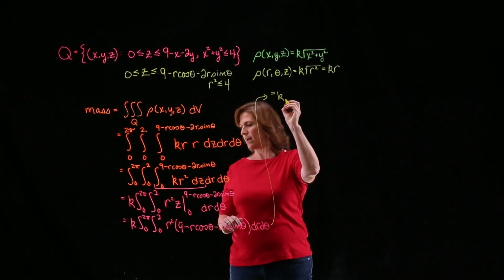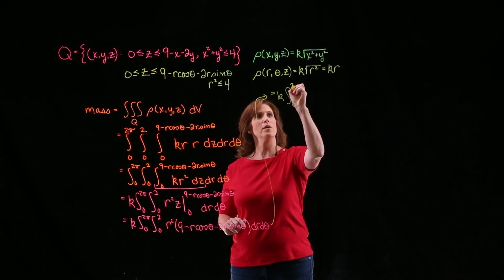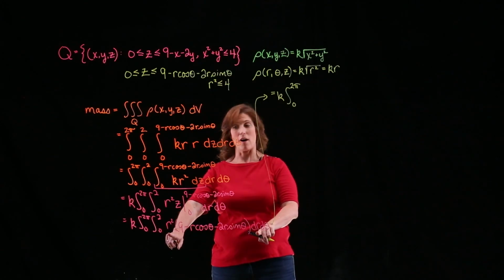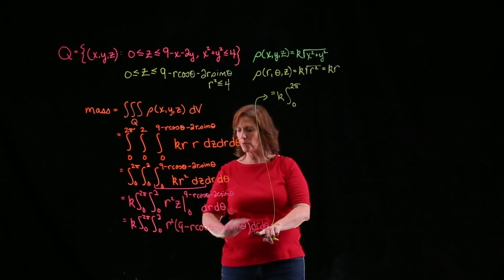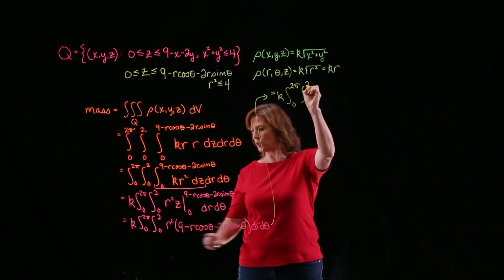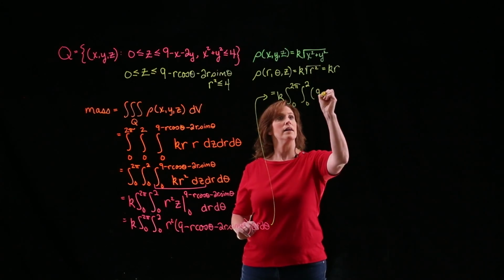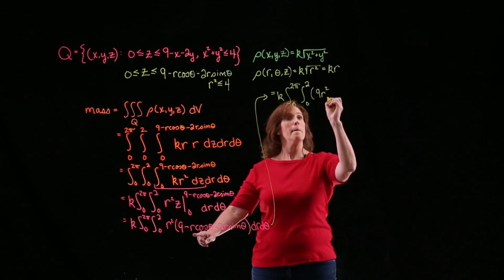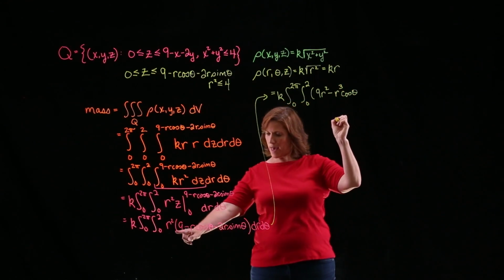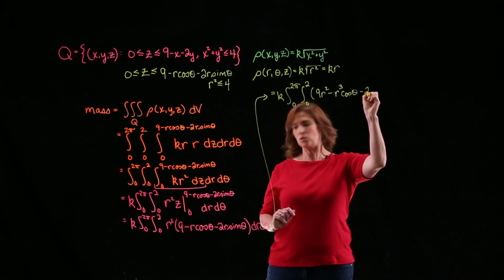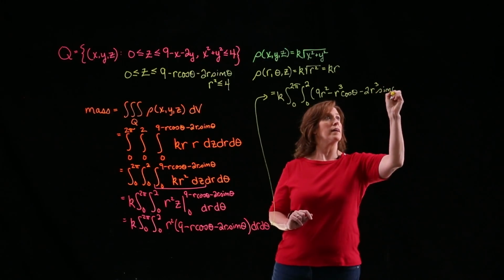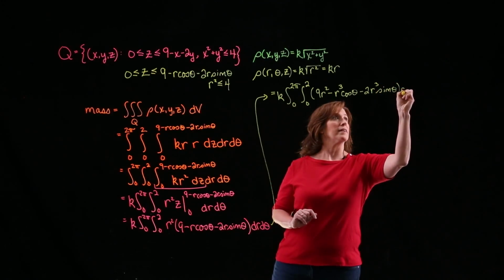So I have k times the integral from 0 to 2 pi, and I'm ready to integrate this with respect to r. Now I think I'll go ahead and distribute that r across to help me out a little bit with the integration. So let's go the integral from 0 to 2, and this will be 9 r squared minus r cubed cosine theta minus 2r cubed sine theta, dr d theta.